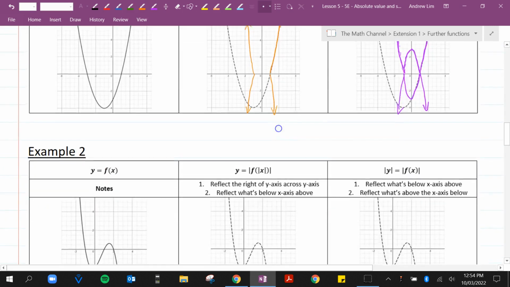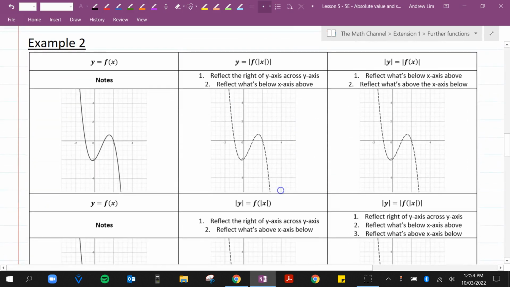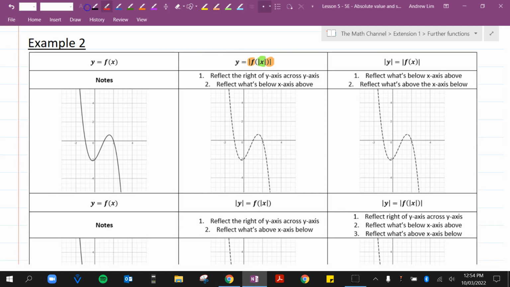Alright, here's example 2. Maybe I'll get you to pause the video and have a go with this on yourselves. Okay, according to this, we need to reflect across the y-axis first, and then whatever is below comes above. So all of this will be reflected.